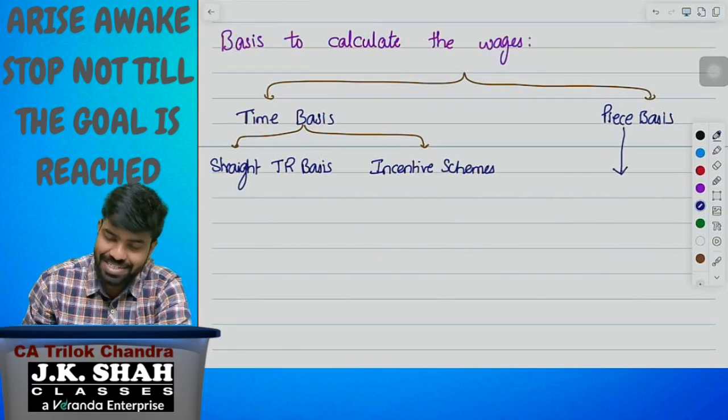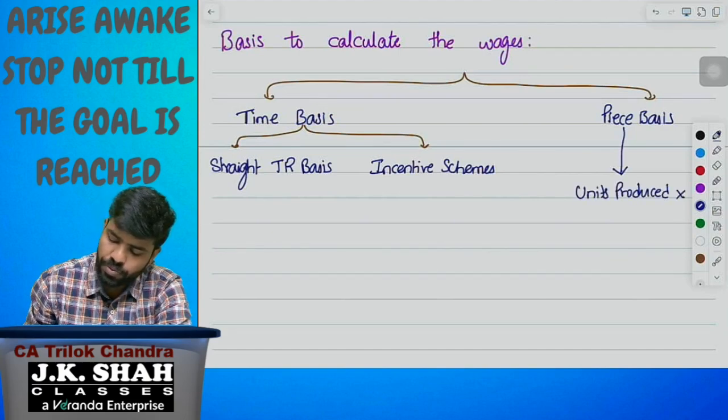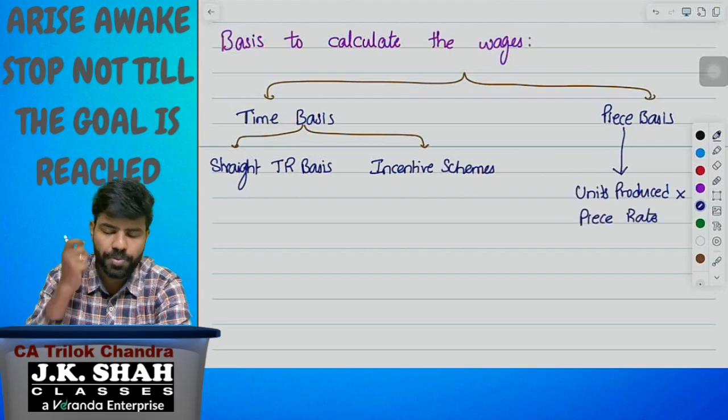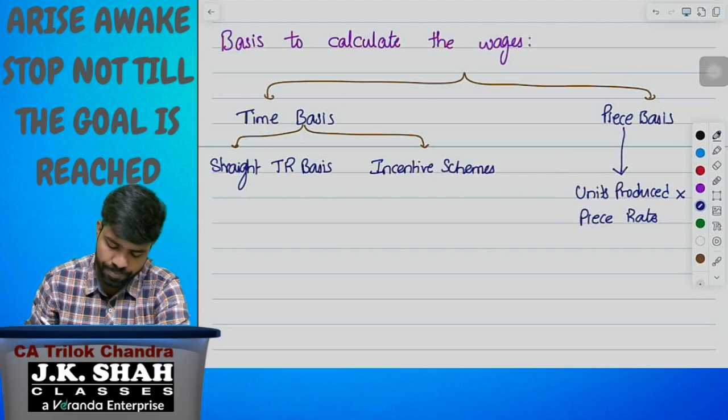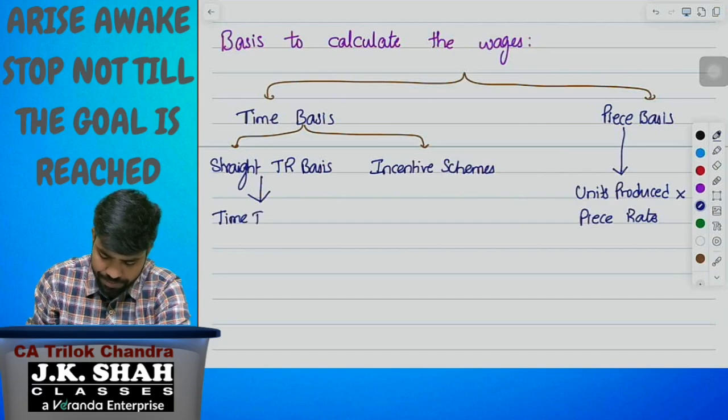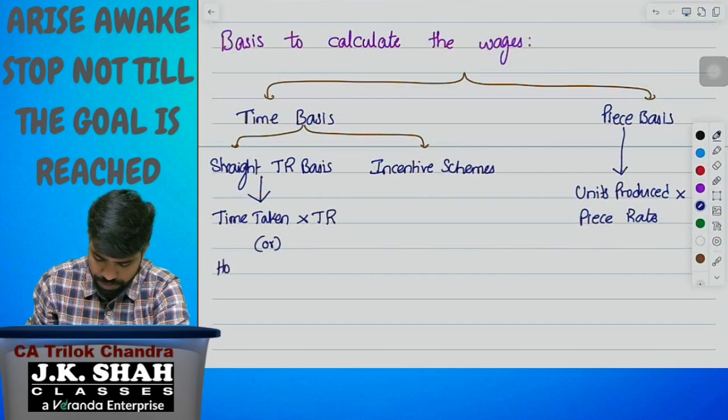How to calculate the wages means simple: units produced into piece rate. When it comes to straight time rate basis, time taken into timely rate or hours worked into hourly rate.